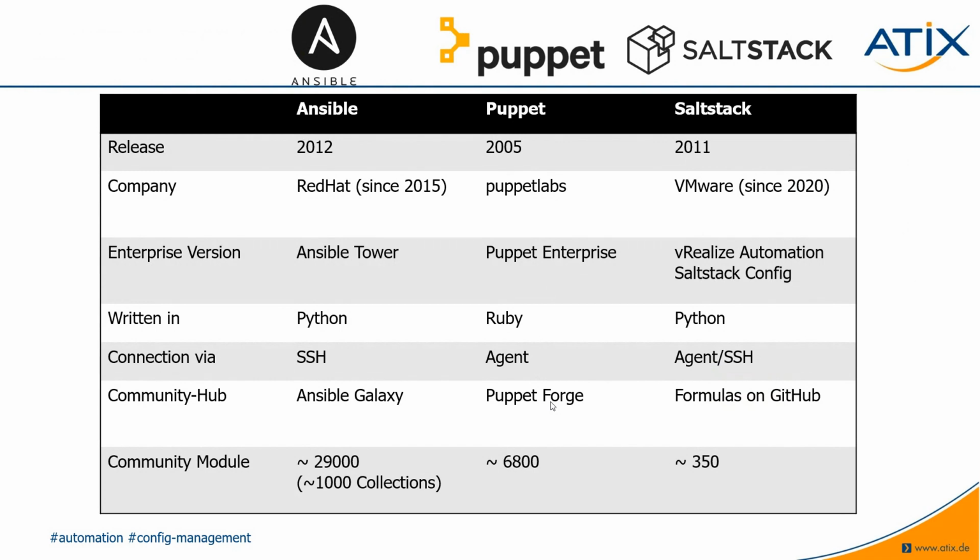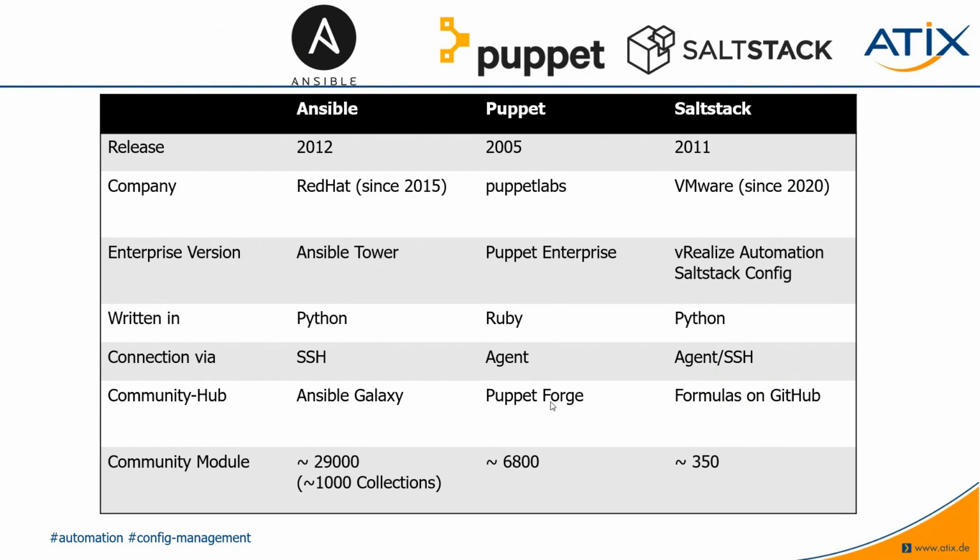Then we have Ansible, which was sold to Red Hat in 2015. And since then, it is greatly promoted and has really many users, especially from the Red Hat world. And this means that Ansible is a tool which is very common in many aspects of IT infrastructure.